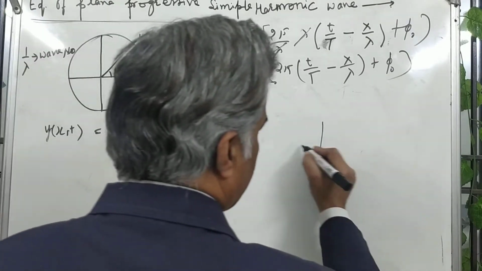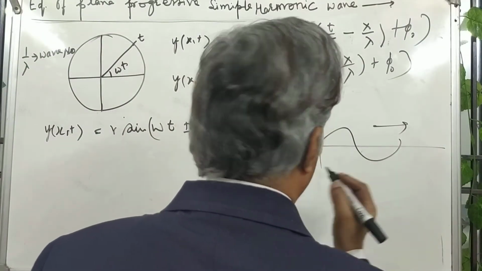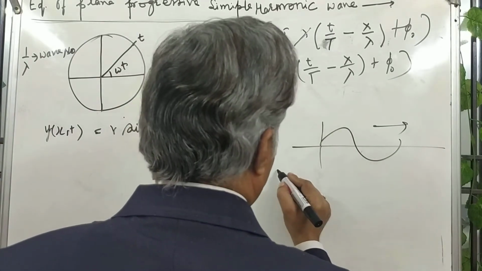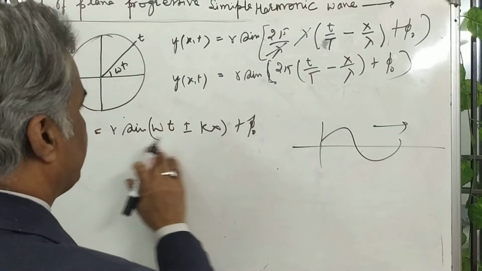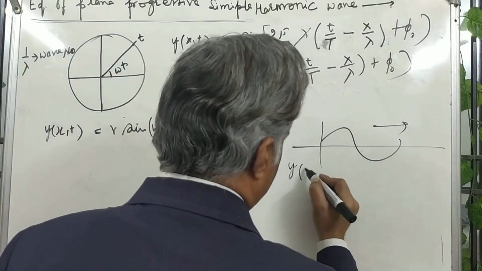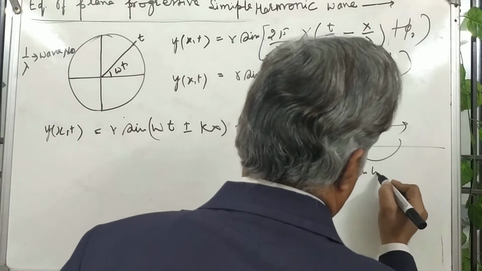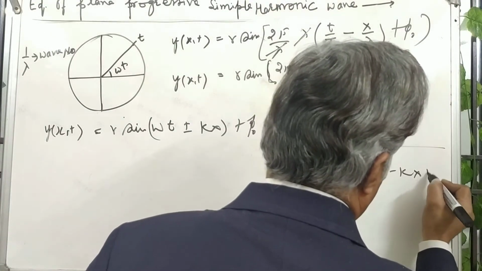If the wave is moving like this, the equation is y(x,t) = r sin(ωt − kx + φ₀).